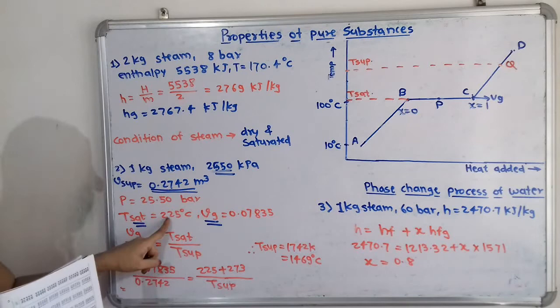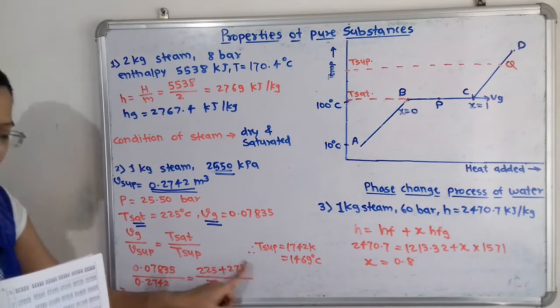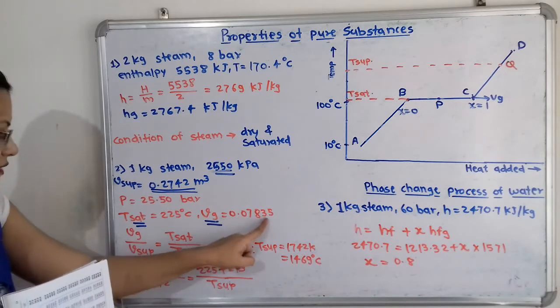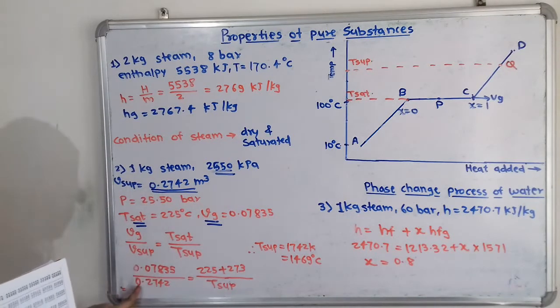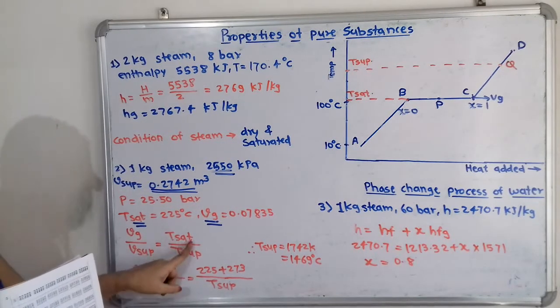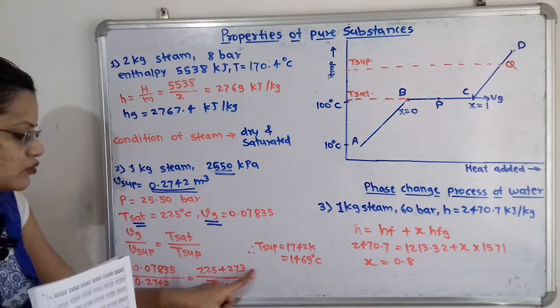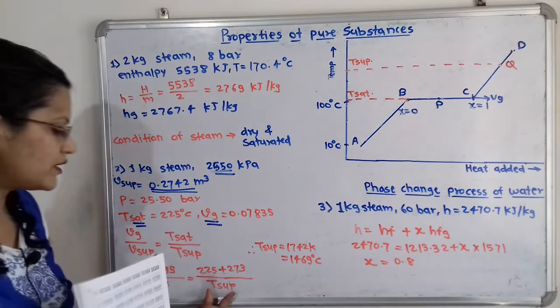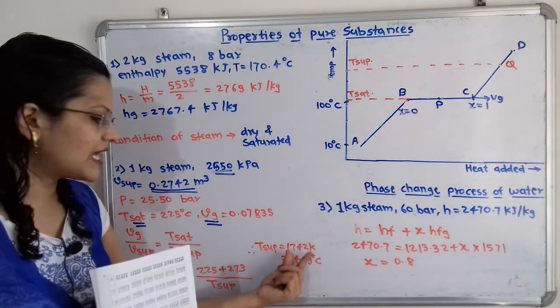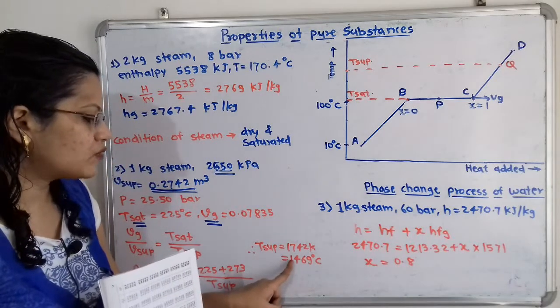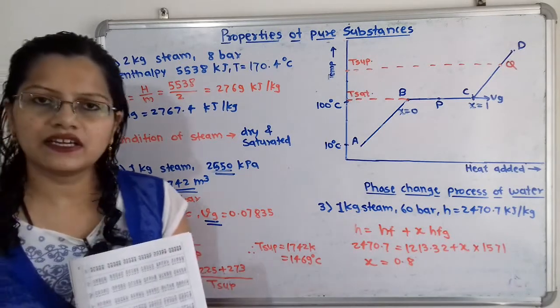Remember, temperature we have to take in Kelvin. So Vg is 0.07835, V superheated is 0.2742, and T saturated is 225 plus 273 Kelvin, divided by T superheated. So T superheated we also get in Kelvin, that is 1742 Kelvin, which is equal to 1469 degrees Celsius.